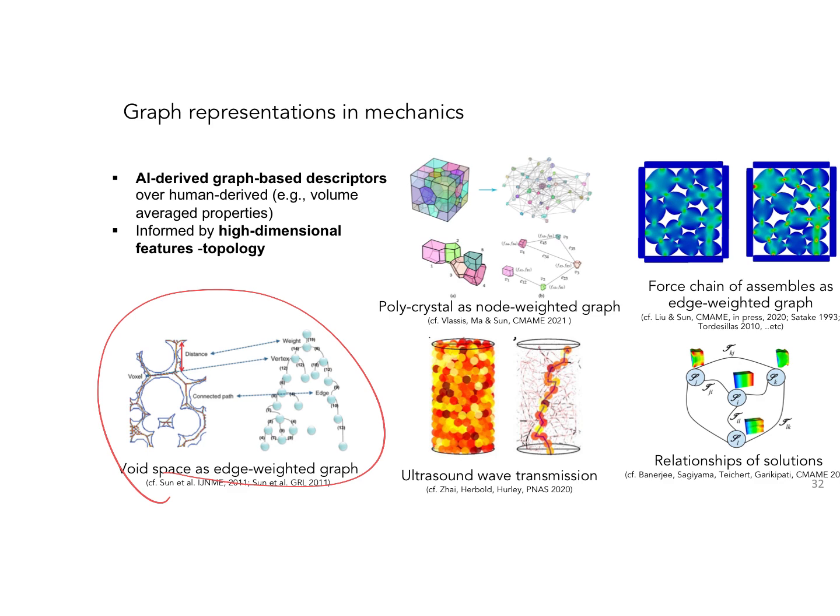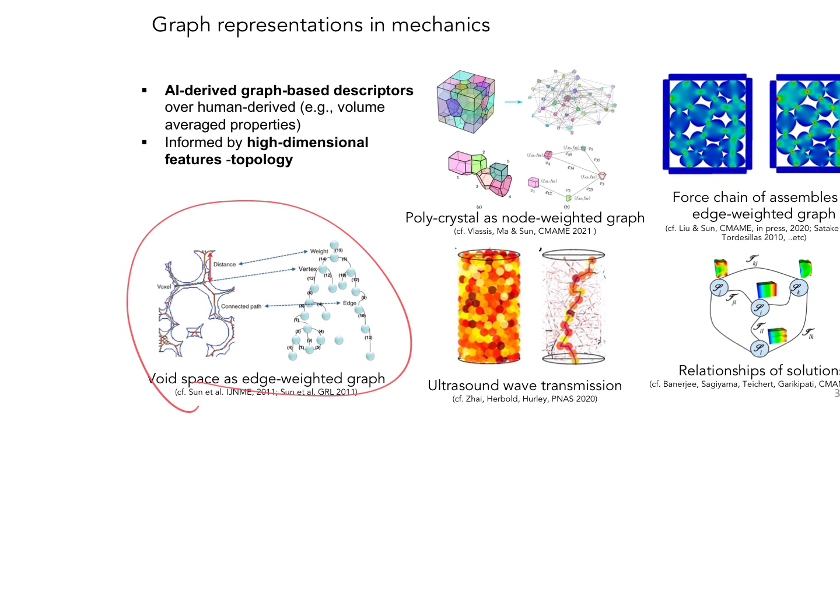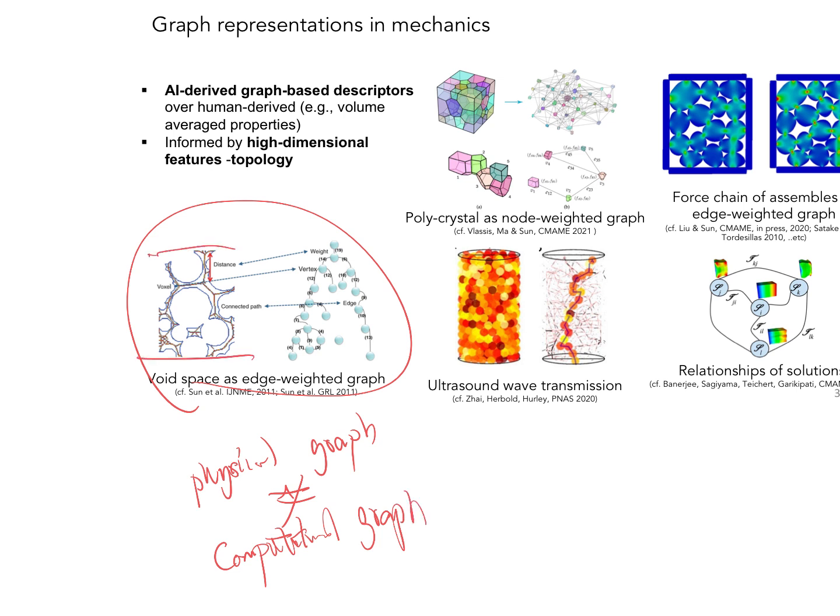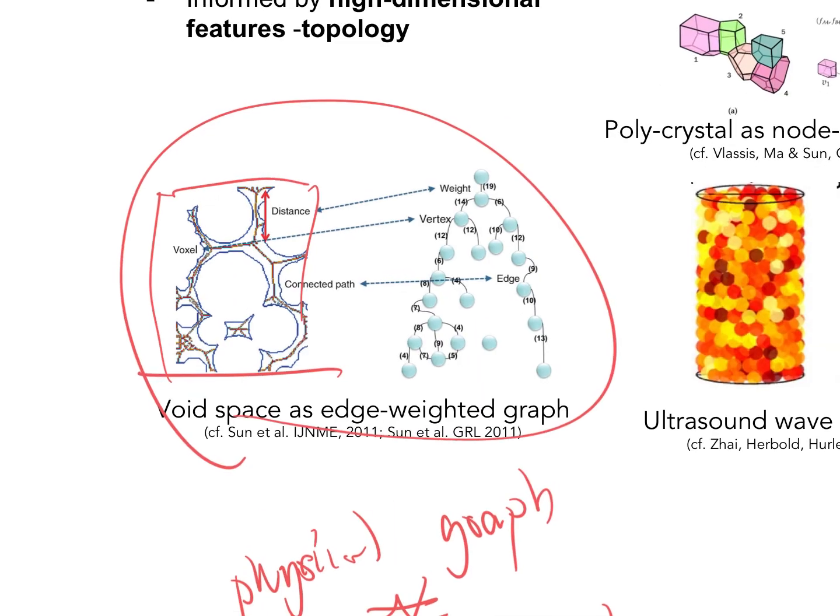However, there are ways that are very important, in the sense that the physical graph in engineering applications is usually not the computational graph. What that means is, let's say I have this imaginary voxel space.